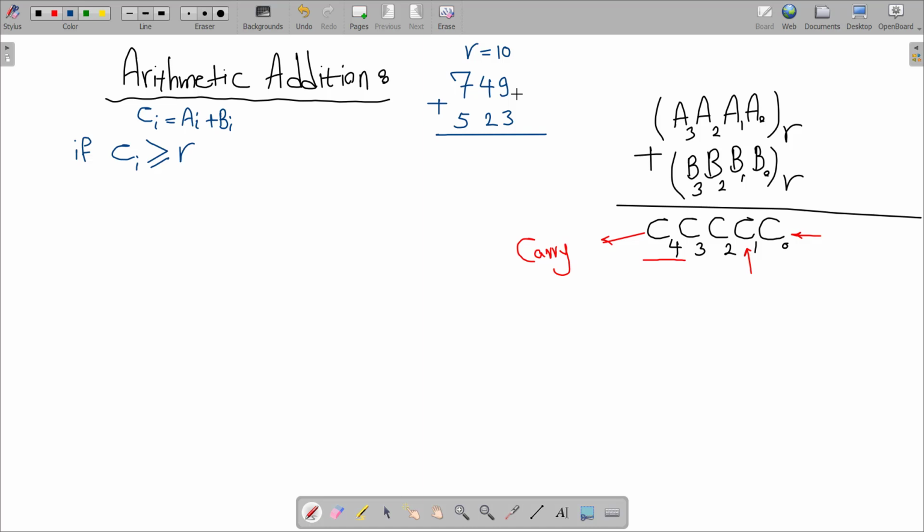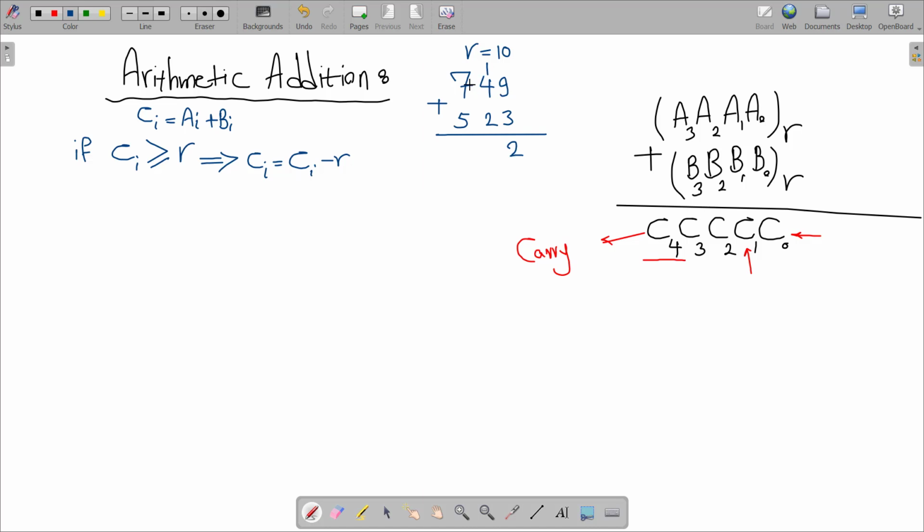Now, what happens when the addition of these two digits is greater than 10? Ci is greater than 10. What should I do? I say that Ci is equal to Ci minus R. So this is 12, and 12 minus 10 is 2.